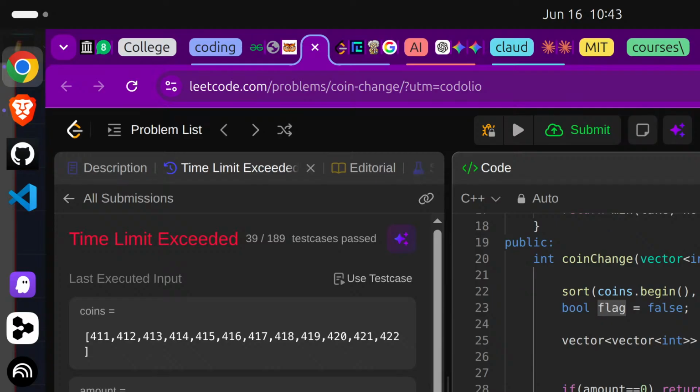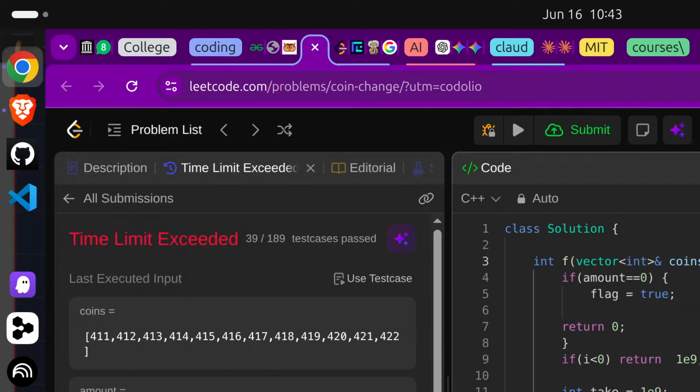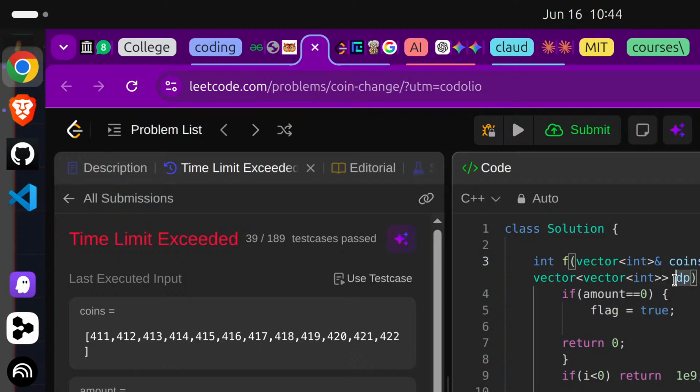Okay, let's just take this dp from here, right, and pass it here, dp, just dp, like this, pass it by reference.